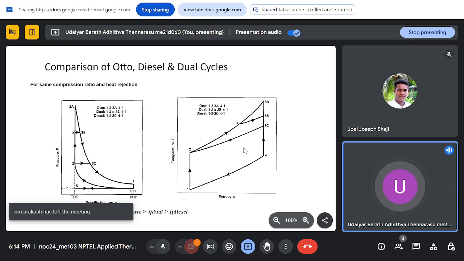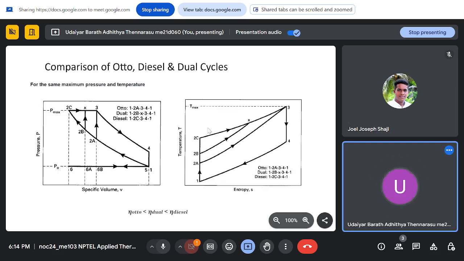So now we saw that if you have 3 cycles with the same compression ratio. Now we are limiting the maximum pressure which you can have, because practically speaking, you have a limitation on how much pressure you can have in an engine. So if you are going up to that pressure, what will be the case?